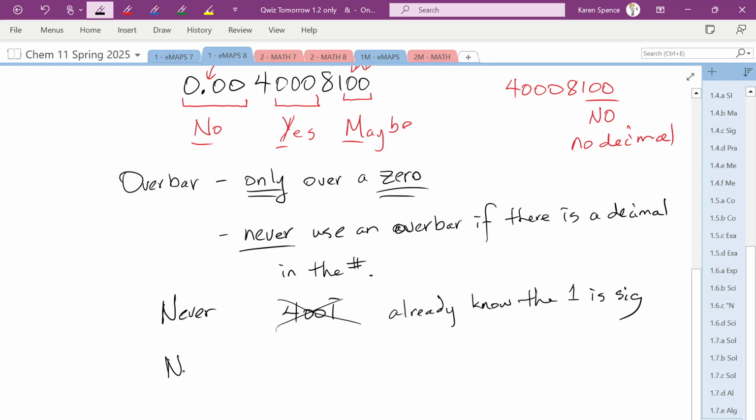I would never do that either, because I already know that last zero is significant because there is a decimal. Okay?